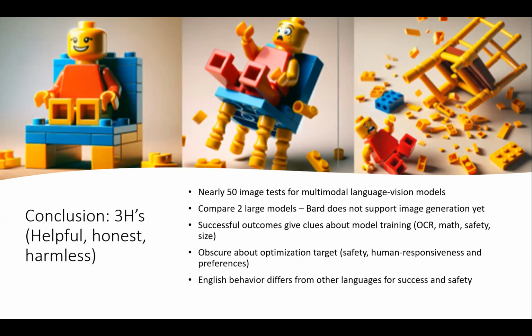BARD does not support image generation per se, but there is a very interesting future, and this kind of shows it in a Lego fashion. You can submit an image to GPT-4, ask it to analyze it, and then it will give you language back, and then you can complete that loop by asking it to create a second image. So in this case, we took a pile of Legos.